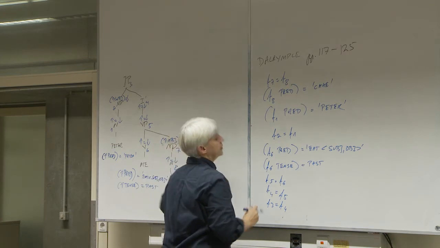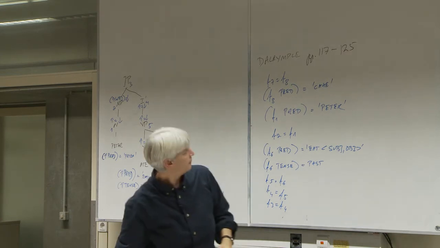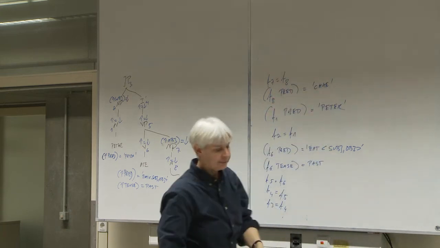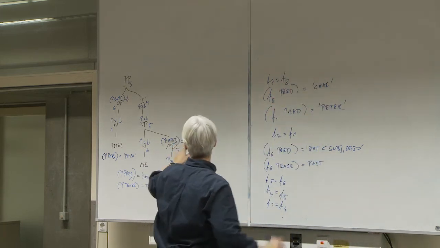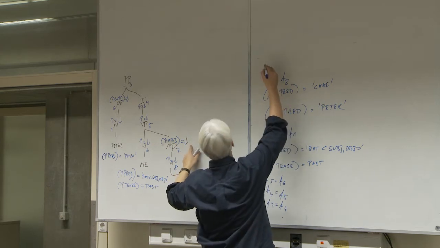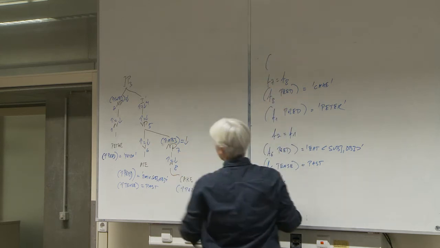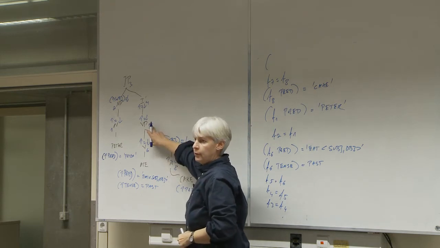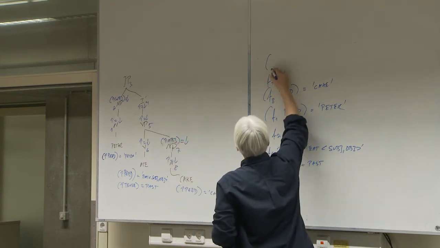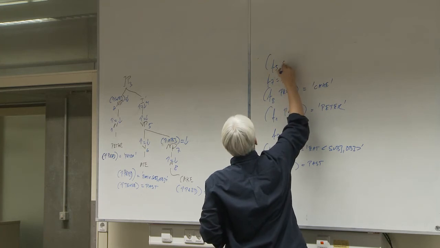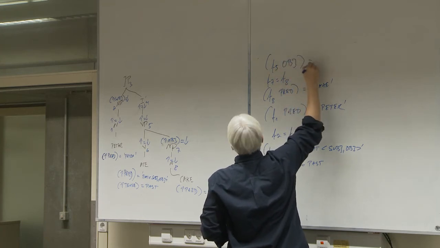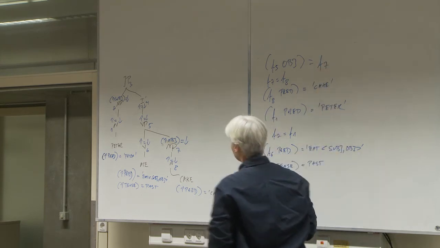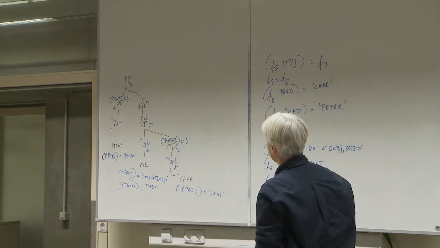And one more left. This one. This one is pointing to what? 5. F5's object is equal to F7. Okay, and we already did that one.